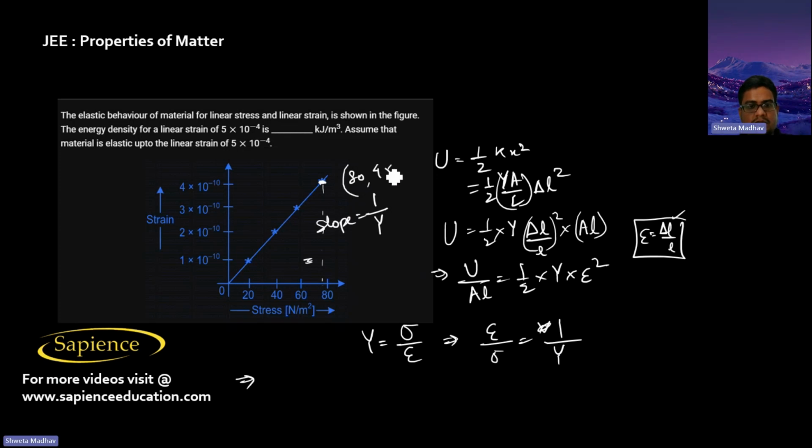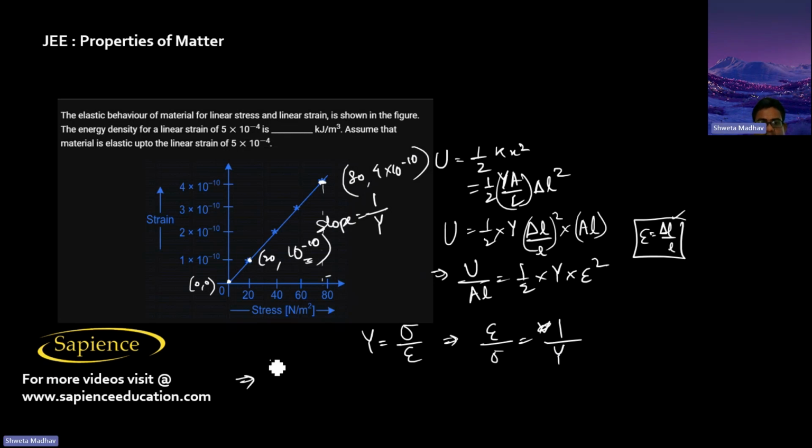This strain is 4 into 10 power minus 10, and this point is 0.0 only, or here we can take at 20, when the stress is 20 Newton per meter squared, then the strain is 10 power minus 10.